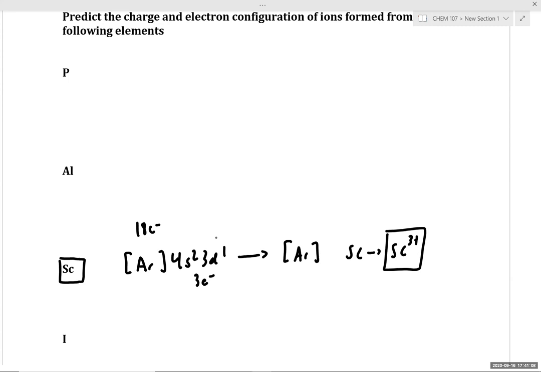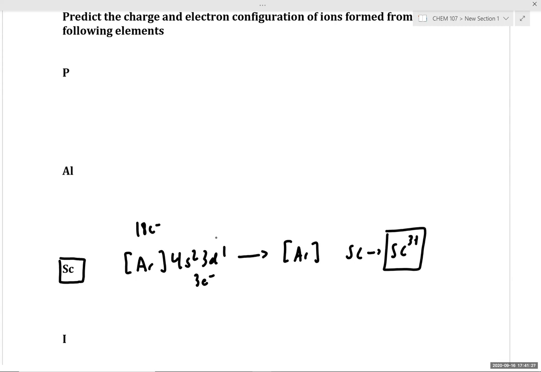So we count to see if it's easier for them to gain or easier for them to lose. That's how we know if they become cation or anion. Yep, exactly right. And transition metals form cations, but they can lose a varying number of electrons.